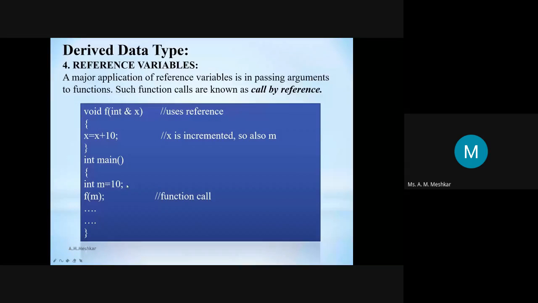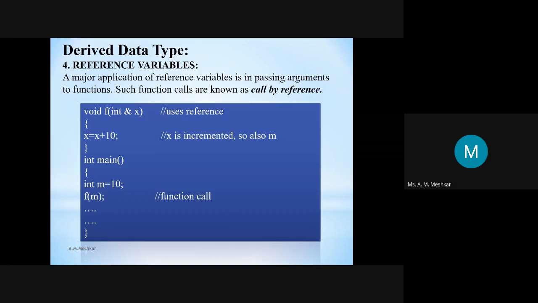Let's move on to the next statement, f of m. As soon as f of m is called, this value is passed as an argument to this argument. So what is the replacement? int ampersand x is equal to m.